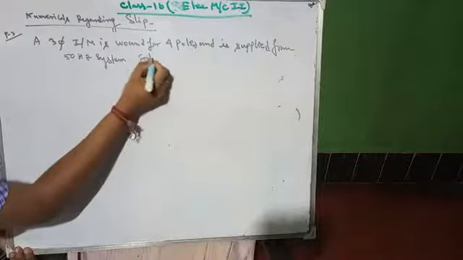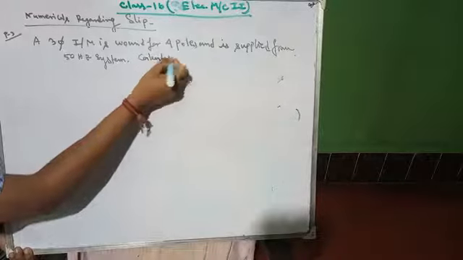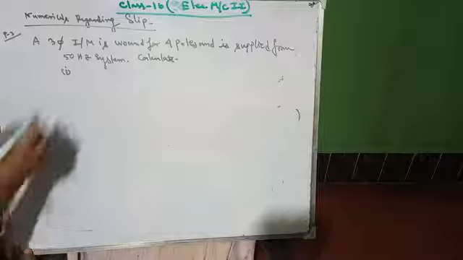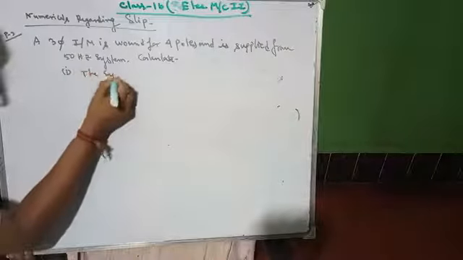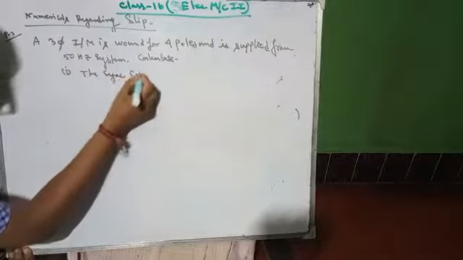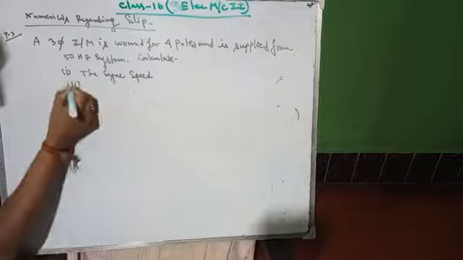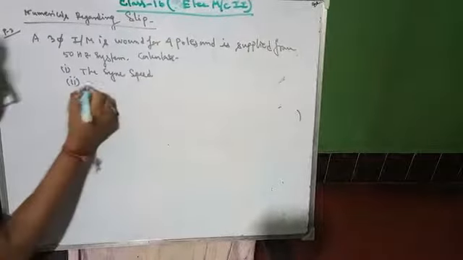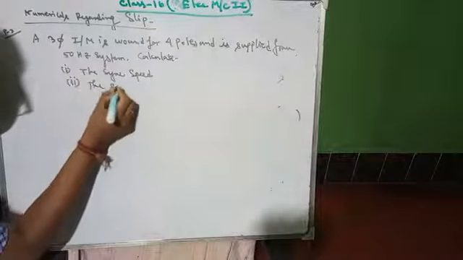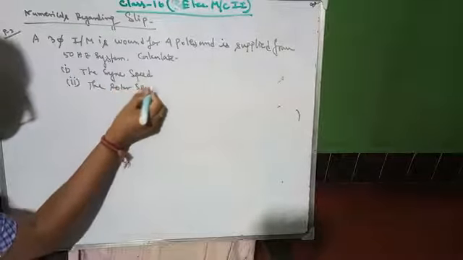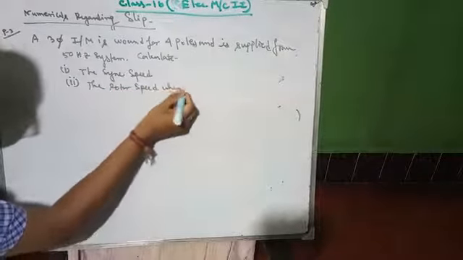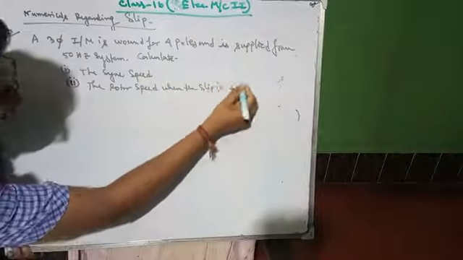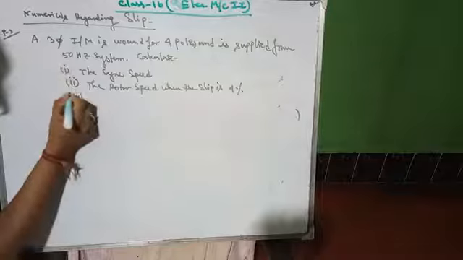Calculate: one, the synchronous speed. Two, the rotor speed when slip is 4%.